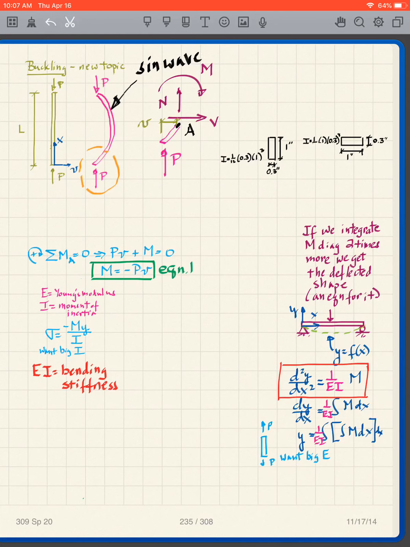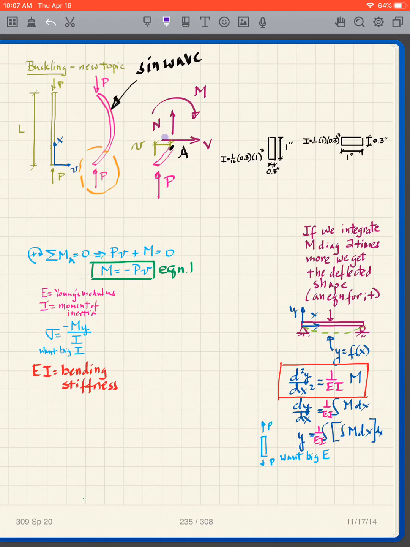So what do I do? Well, as I always do, when I made a cut through a beam, we always had V, N, and M. So we put those same on here.